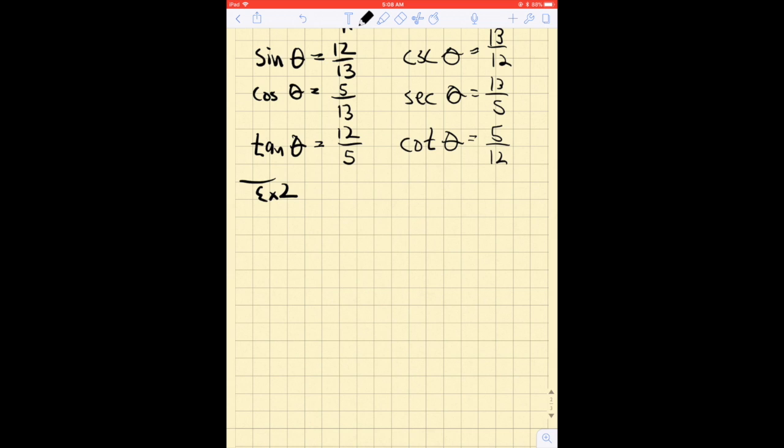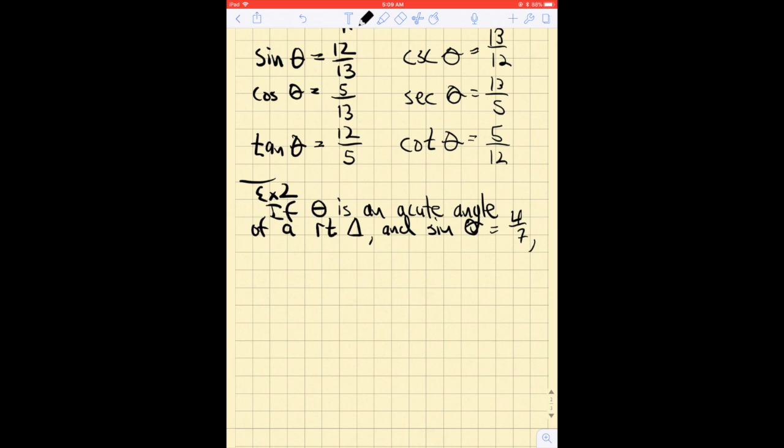If theta is an acute angle of a right triangle, and sine of theta is equal to 4/7, what is the tangent of theta?